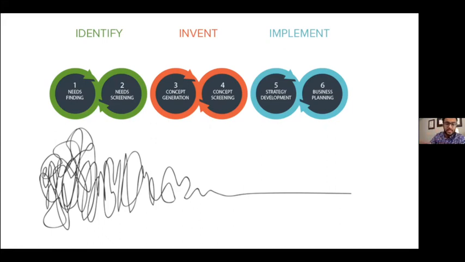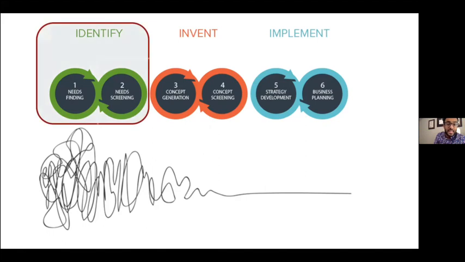I'm going to leave the next two phases aside, but most of this chaos and these ups and downs are in the first phase of identifying the unmet need. It is essential to focus on understanding the unmet need.